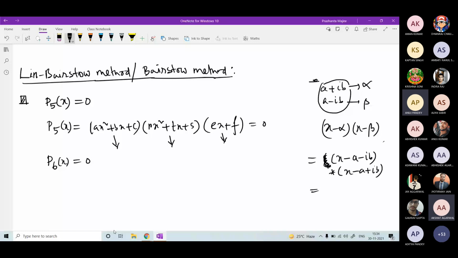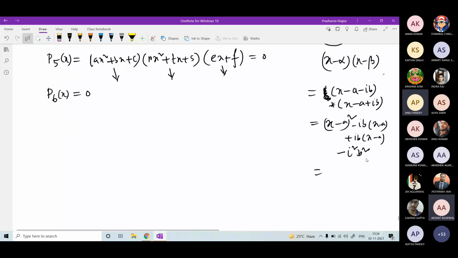Yes. If you do the multiplication, it will be x minus a whole square, minus ib into x minus a plus ib into x minus a, minus i square b square. So these two terms will cancel out. I square is minus 1, so you are getting x minus a whole square plus b square. So you see this is a quadratic polynomial with real coefficients. Okay, so that is the idea.